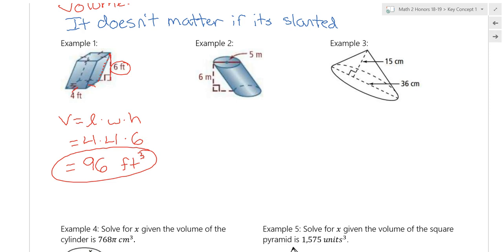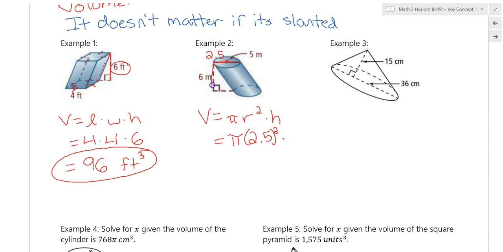Our example 2 is a cylinder. Remember, the volume of a cylinder is pi r squared times height. My r here, this whole thing is 5, so just this part is half of that. That's 2.5 squared.